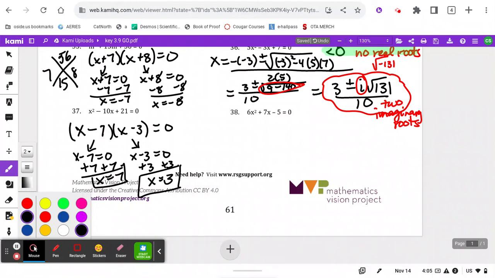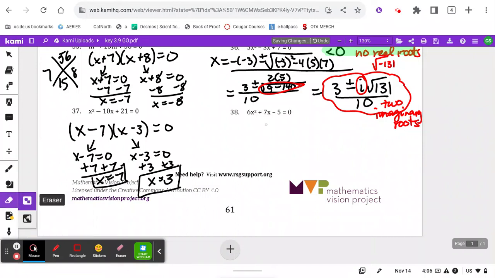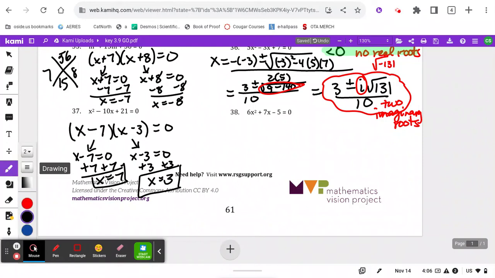All right, last one of the homework. You could go formula. I would not complete the square on it because doing the B work on a 7, not pretty. I can't tell if it's factorable. Let's try it. No, I'm just going to go full formula.